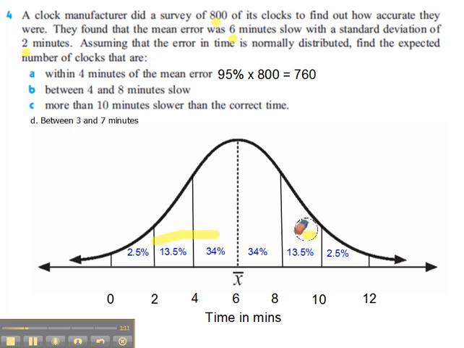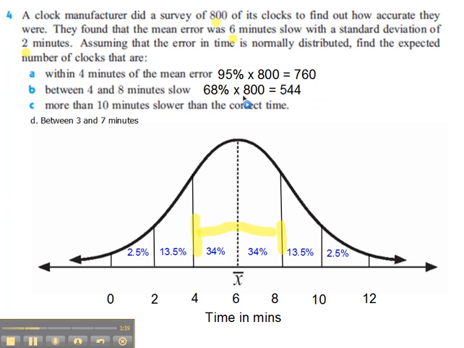Okay, let's have a look at the next question. Next question says, between 4 and 8 minutes slow. So here's my 8 minutes, here's my 4 minutes. Between those two is 34% and 34%, which are these two here, and gives me a grand total of 68%.